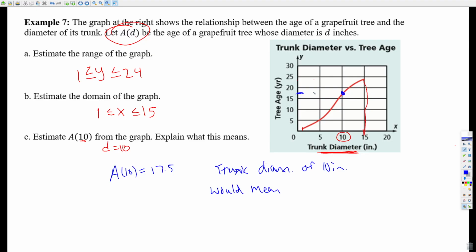The age of the tree. So the age of this tree, which is a grapefruit tree, would be about 17 and a half years old. The tree is about 17.5 years old.